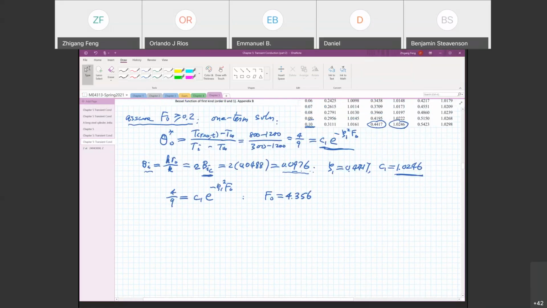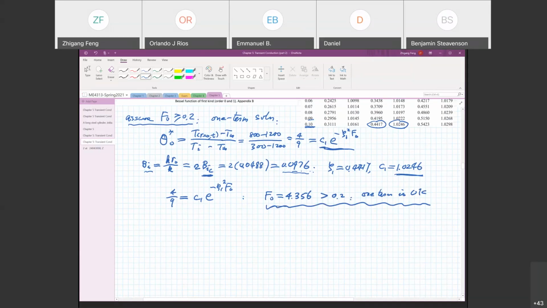Before we proceed, this is a good time to check your assumption. This Fourier number is greater than 0.2, so the assumption is valid, which means the one term is okay. You have to add this sentence when you work on the one-term exact solution. If you use one term, I will look for this sentence, and if you miss it, I will take a few points away.